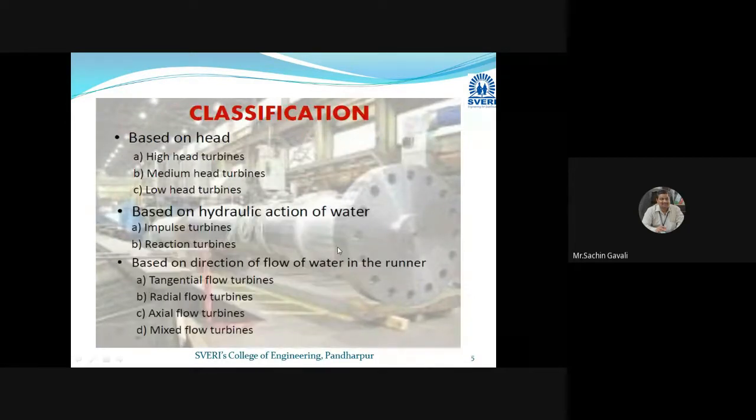Then turbines are classified based on the head. Head is the potential height of the water above the turbine axis.